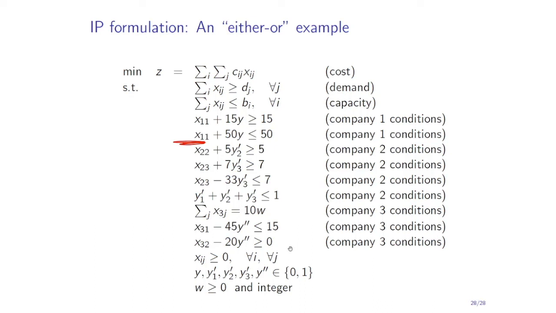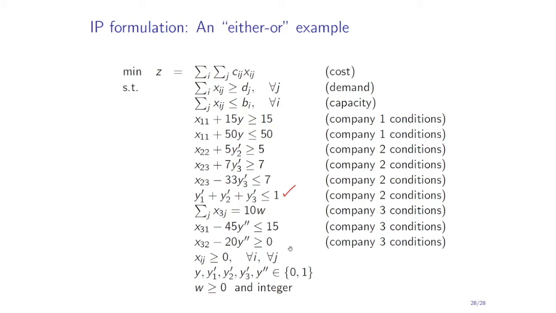Then we have 1 constraint for x22, and these are the constraints that we built based on this original constraint, remember? And this says that out of the requirements of the second company, at least 2 of them must be satisfied, or equivalently you can ignore at most 1 of them.